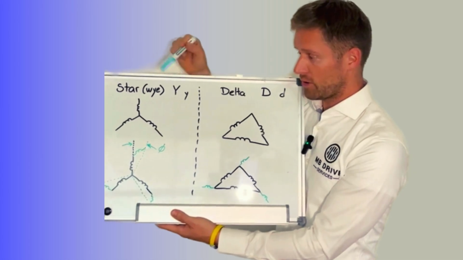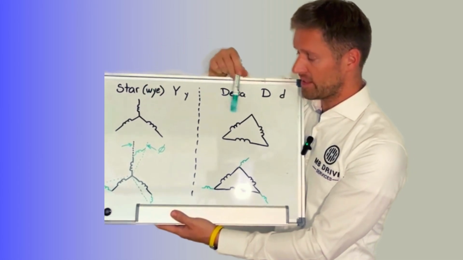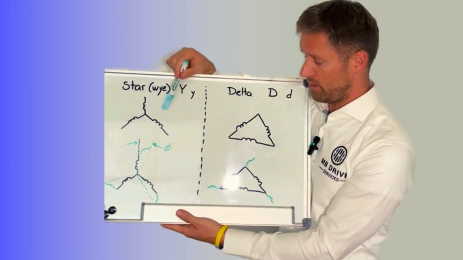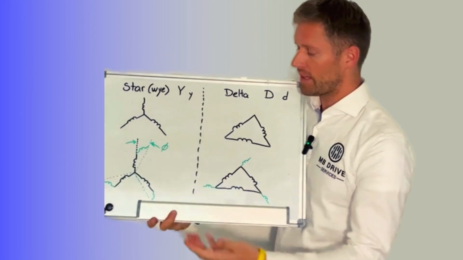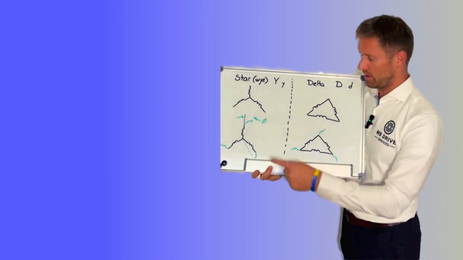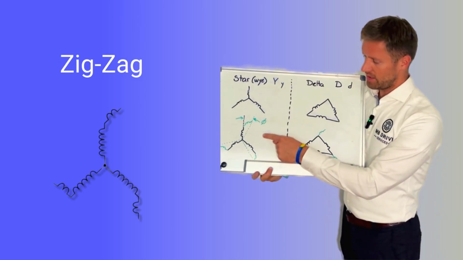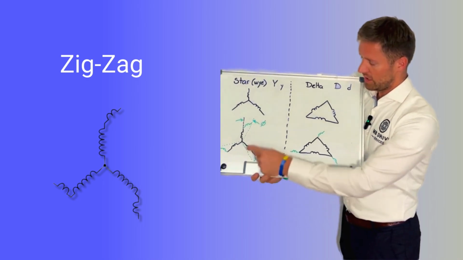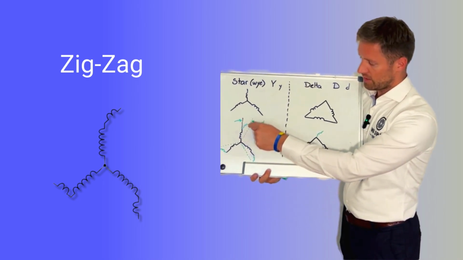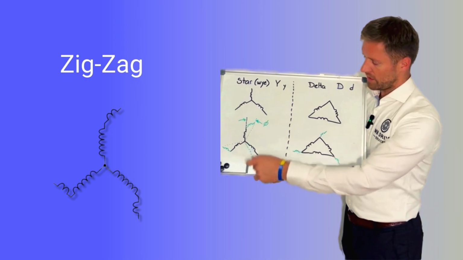Therefore we cannot just use the basic connections Y and delta, but we need extended connections. One of them is the zigzag. The zigzag is derived from the star connection, and to each phase we are adding a few turns of the other phase.